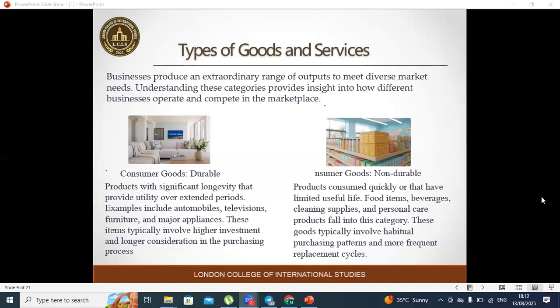Consumer goods, durable: products with significant longevity that provide utility over extended periods. Examples include automobiles, televisions, furniture, and major appliances. These items typically involve a higher investment and longer consideration in the purchasing process.